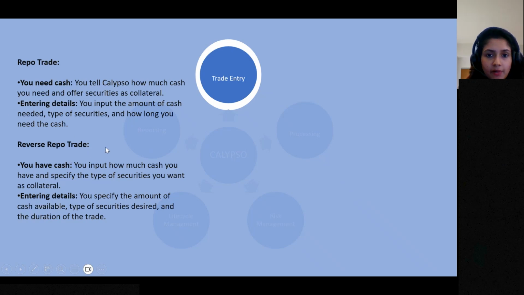Reverse repo, remember you have cash. So when you have cash, you go and tell them I have cash, and you have to specify which type of securities you want as collateral. Of course, you have money. The entire game in the world works on money. I have money, I am superior. I will decide which collateral or which security I want.